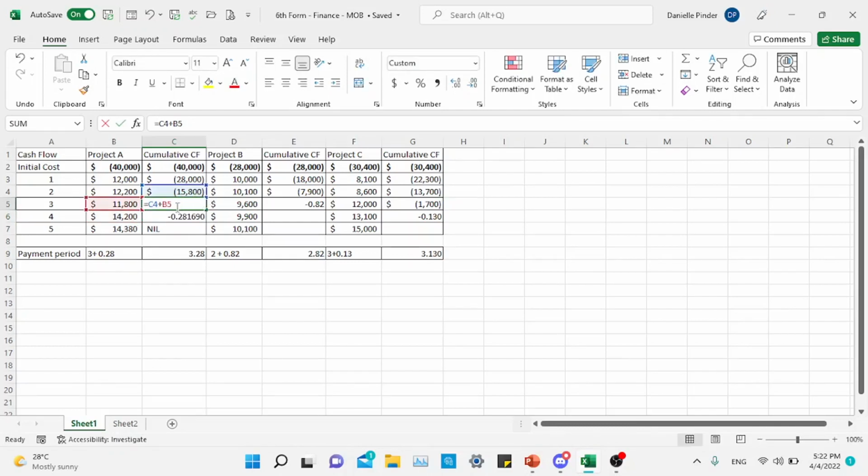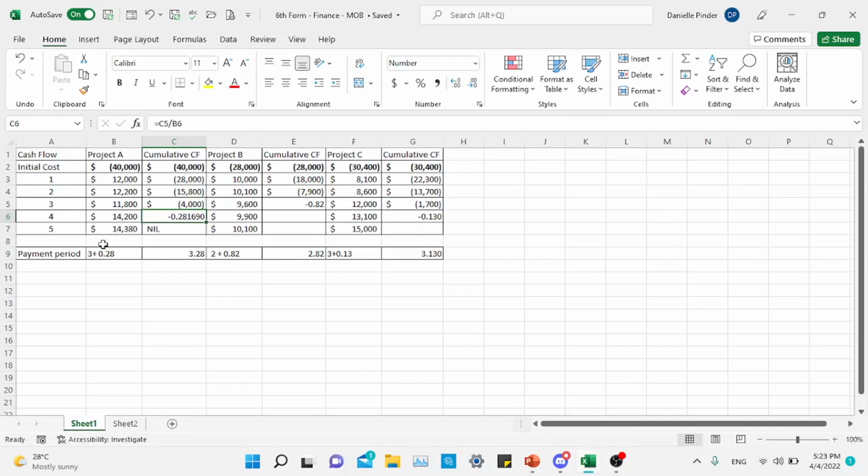How much is 4,000 out of the 14,200? And so then you would get 0.28, right? And so when you do that, you see that you have accumulated all of the money over the 1, 2, 3 years, plus a little bit of the fourth year.